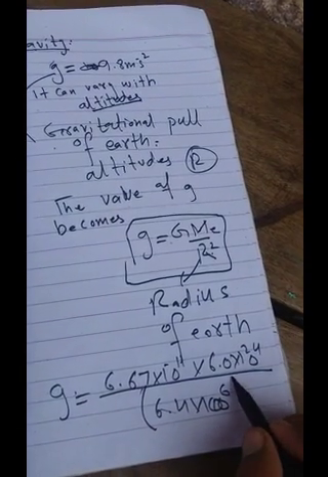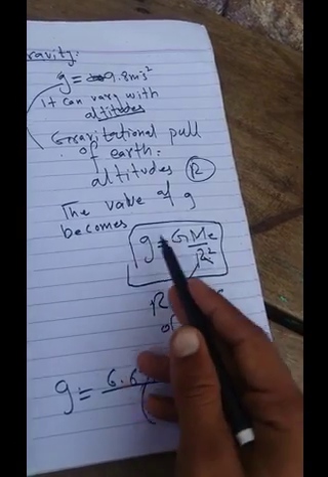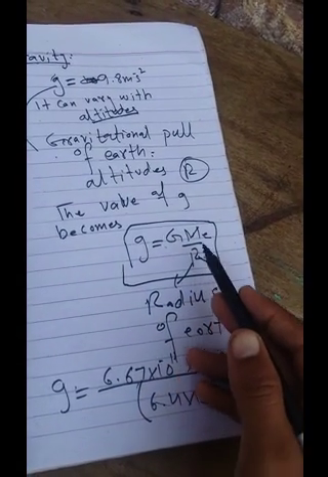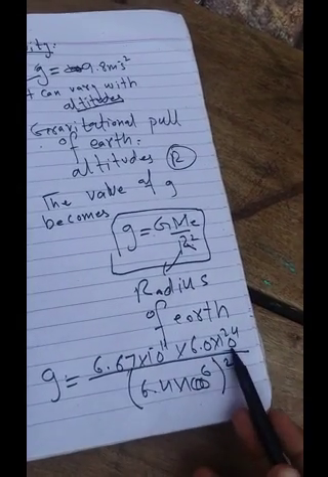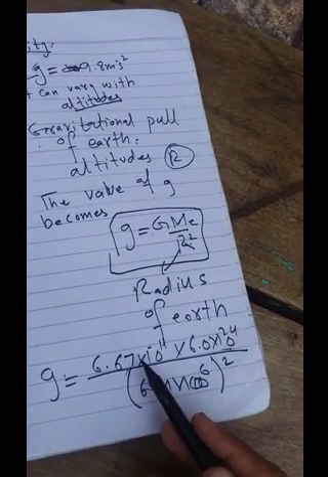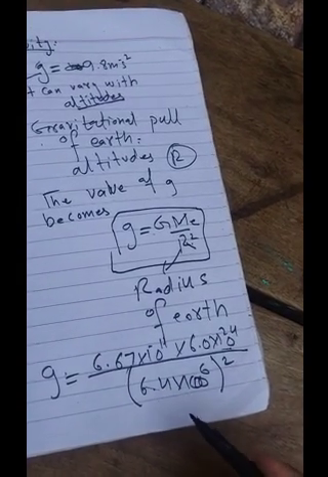We can calculate the value of g on Earth by this formula, G M_E over R square. We have the value of the mass of Earth, and G the gravitational constant I have explained earlier, and this is the radius of Earth.